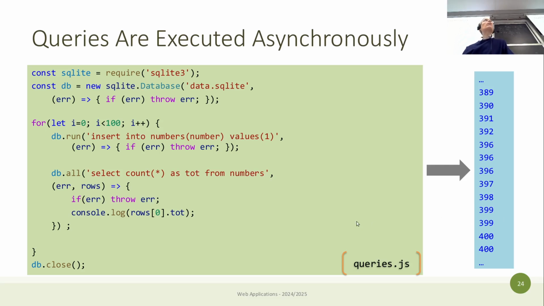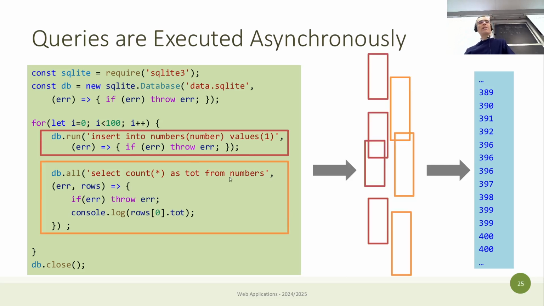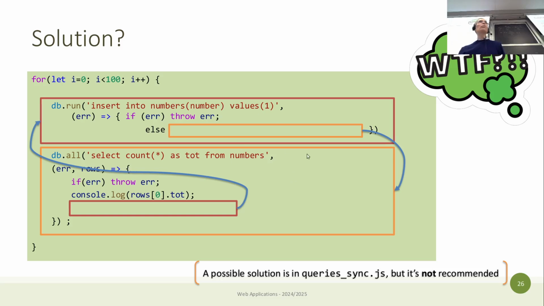So how do we force waiting for the execution of the callback? Well, the answer is, in a certain sense, simple, in the sense that we just write the code that needs to be executed later inside the callback. But it's simple but not practical, because like in this example, you should write one piece of code inside one callback, but that callback has to be inserted in another one, and so on.